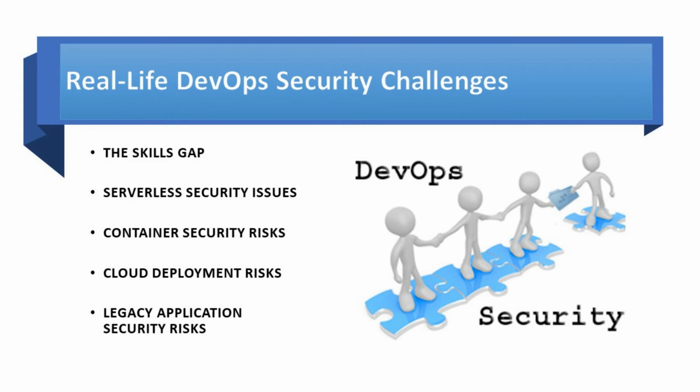And the last one is legacy application security risks. Security administrators often overlook legacy systems, allowing vulnerabilities to go unchecked. Legacy systems are prone to vulnerabilities and patches must be continuously applied, but in some cases, updates might break the legacy system.